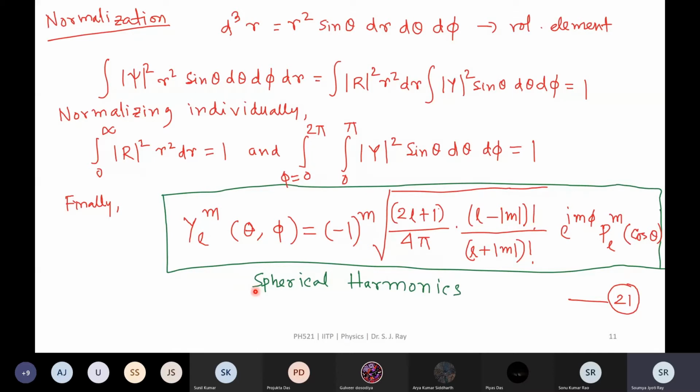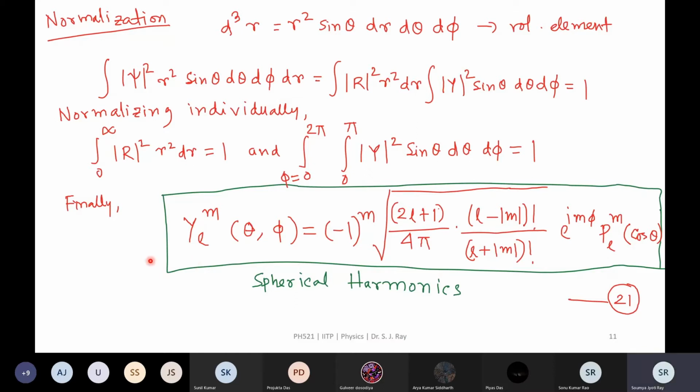Now you need to keep something in mind. We started with the Schrodinger equation which has r, theta and phi. We used the separation of variables technique, got different equations, and at this point we have arrived at the exact expression for the angular part of the wave function.